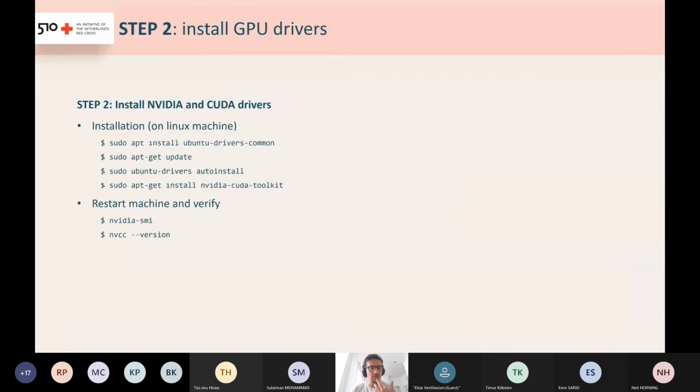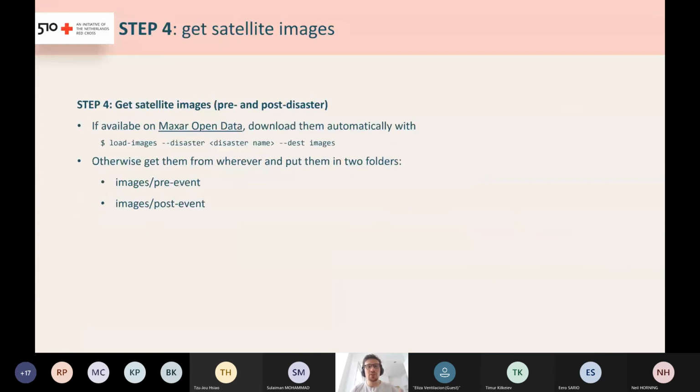The image loading is now only connected to Maxar Open Data. The resolution in Maxar depends. They have different sensors, so I think it's between 0.3 and 0.5. The only ones that have 0.15 is Planet, if I remember correctly. So Maxar is between 0.3 and 0.5.